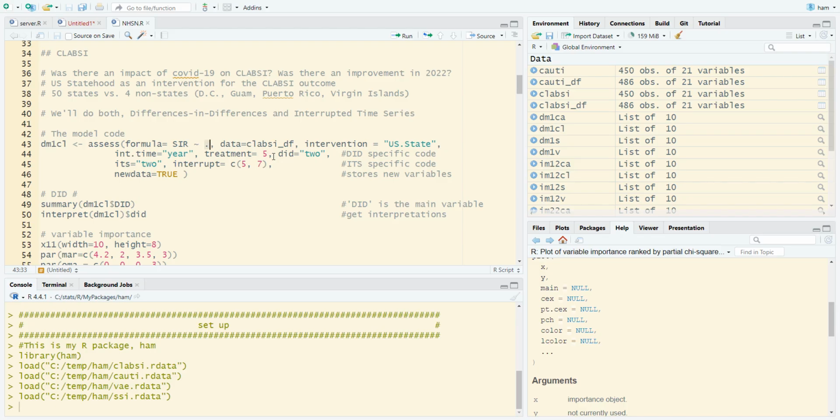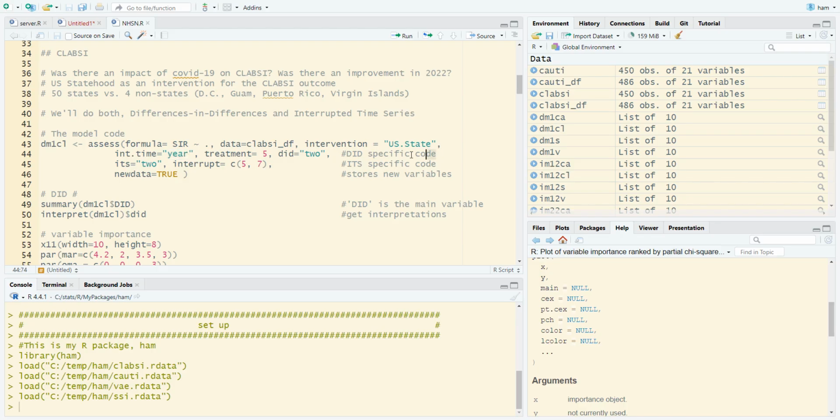Like interrupted time series, our DID model, to get that differences in differences effect, creates an interaction between our intervention variable, which in this data set is the US date, and our time variable, which is year. And so the interaction between the two gives us the DID variable. And that interaction is generated within the assess function.